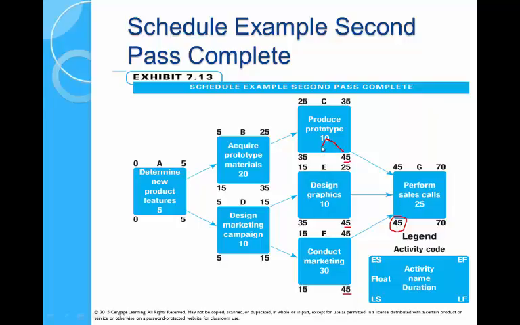Then if you remove the duration, that's where you get the 35 from, and here as well, remove the duration, that's where you get the 15 from. The difference between the early start and early finish for conduct marketing is 0. That's your float. So there's no float here. If there's no float, this must be critical. Same here, and here, and here.